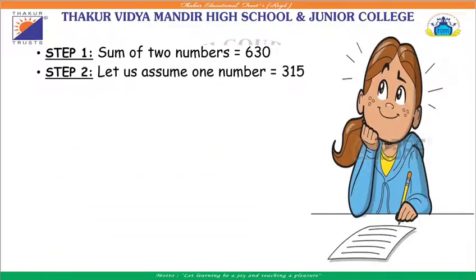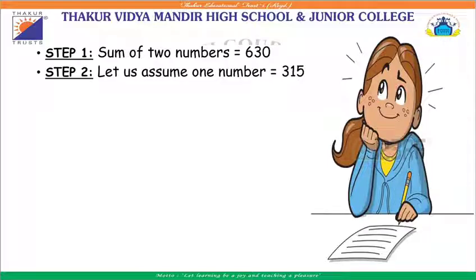You can assume your own number, but the condition is the number should be smaller than 400. You can also choose 215, you can choose 216, you can choose 399 also. The only thing you have to remember is it should be less than 400.